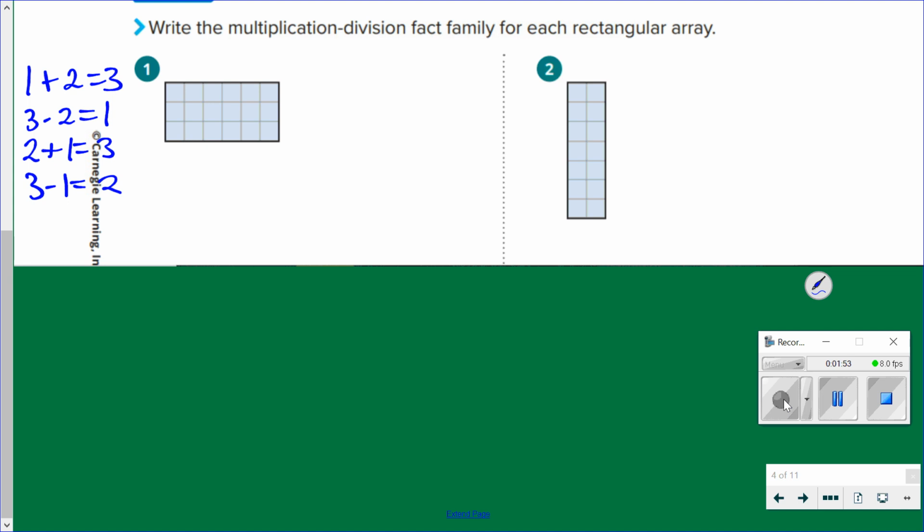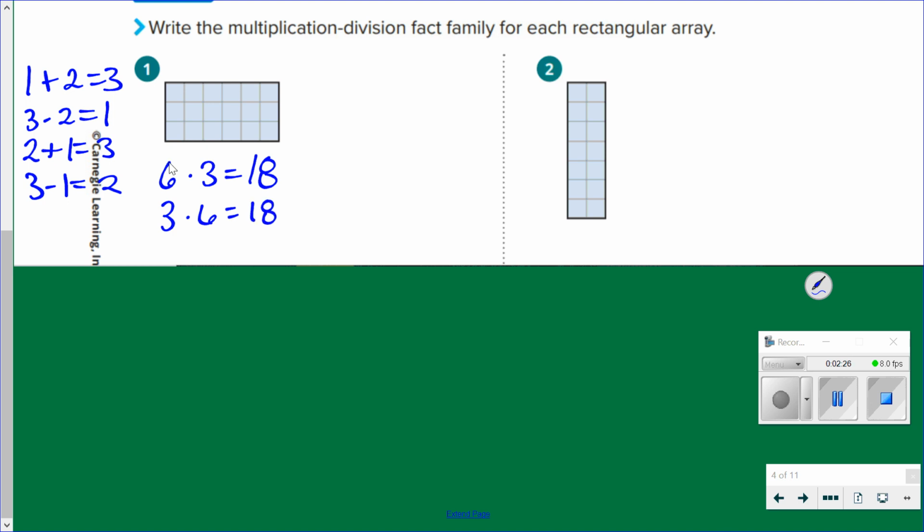All right. Who can tell me what multiplication problem they started their fact family with? Okay, she says 6 times 3 equals 18. We're multiplying, not adding. What is another multiplication problem in this family? 3 times 6 equals 18.